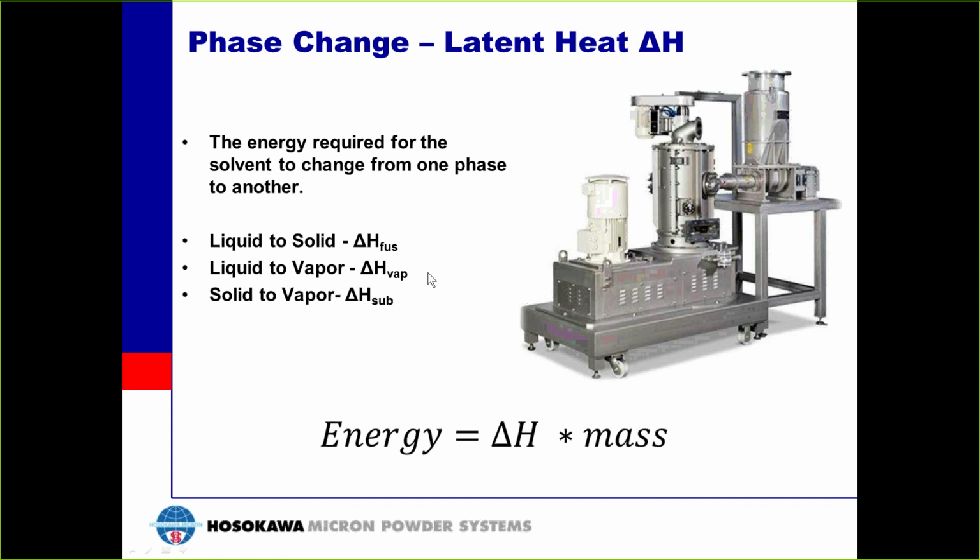So the energy requirement is equal to the latent heat of vaporization, or whatever phase change you want to occur, times the mass. These are examples of the common ones: the latent heat of fusion, which is going from a liquid to a solid, the latent heat of vaporization, which is going from a liquid to a vapor, and the latent heat of sublimation, which is going from a solid to a vapor.